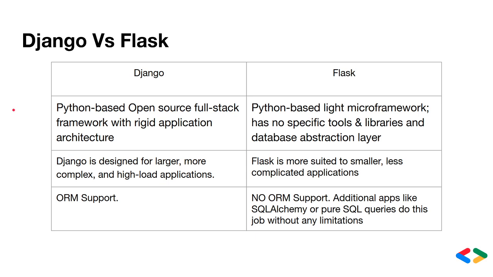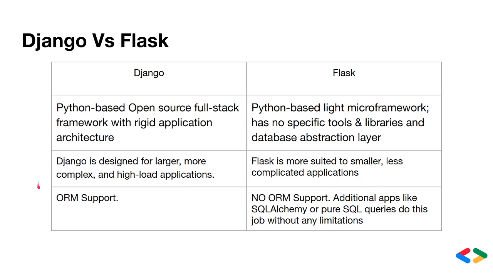Django versus Flask. Django is a Python-based open source full stack framework with rigid application architecture. Flask is a Python-based light micro framework which has no specific tools, libraries, or database abstraction layer. Django is designed for large or more complex web applications, for example e-commerce websites. Flask is for small applications, something like your portfolio or blog.